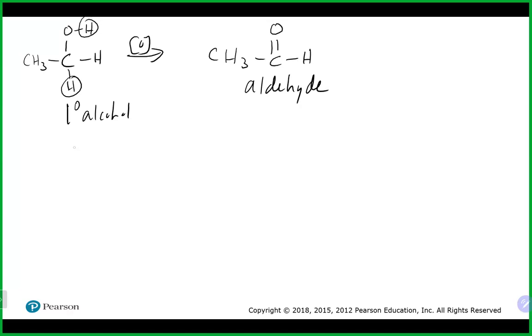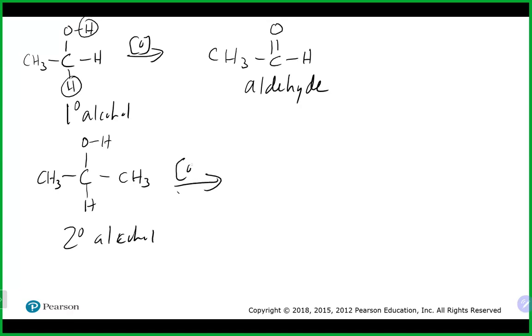We can create a ketone through the oxidation of our secondary alcohol. And if we have a secondary alcohol such as this guy here, again, we can oxidize it, removing our hydrogens and inserting our double bond there.